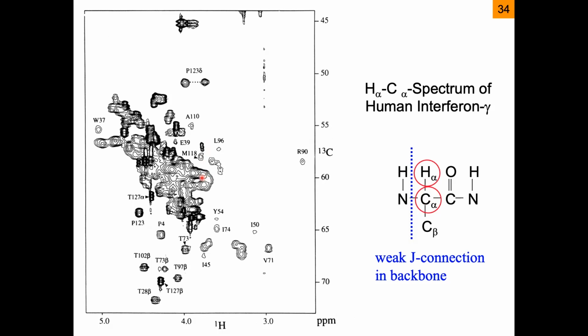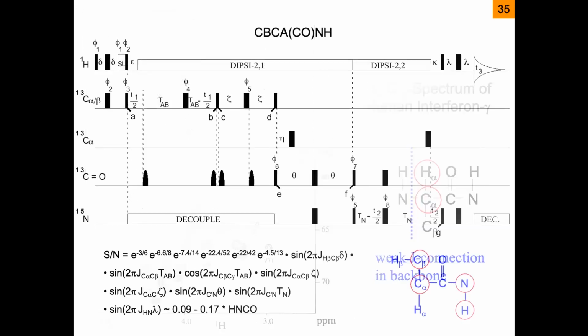And we thought then maybe we could get more information if we don't go along the backbone, but if we get side chain information, and from the side chain frequencies, we may get an idea about the amino acid type. And this worked surprisingly well with this CBCA-CO NH experiment, going via the strong coupling from the C alpha to the CO and then to the nitrogen.